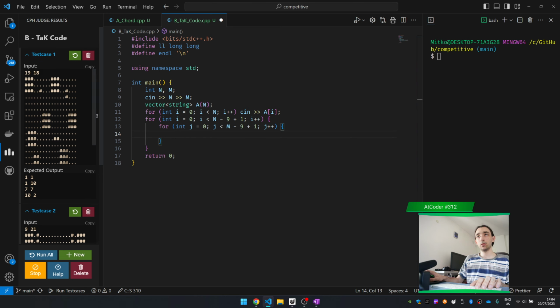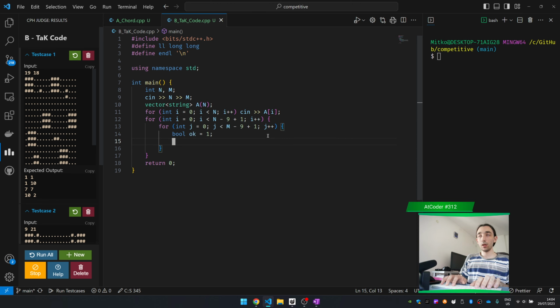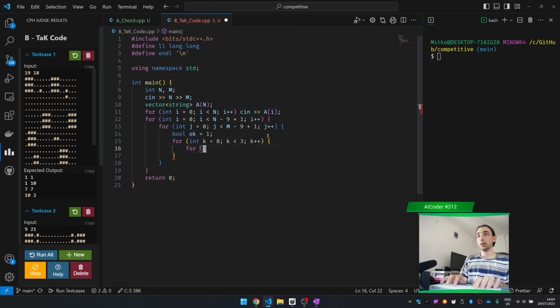Is there, okay, there's no case like this, but whatever. So you have to check that all of the 3 by 3s here, first, yeah, so 3 by 3 here, I will check that all of these are that.